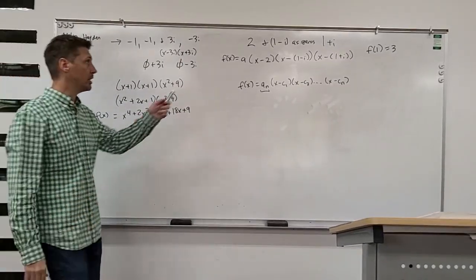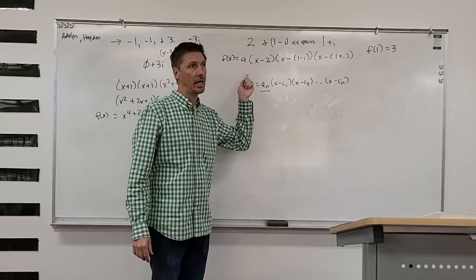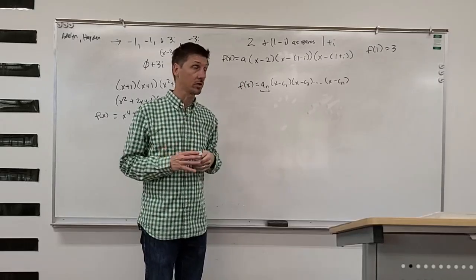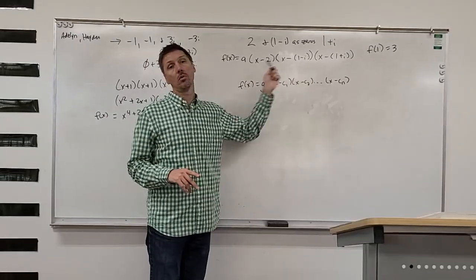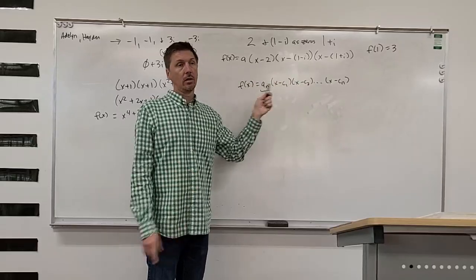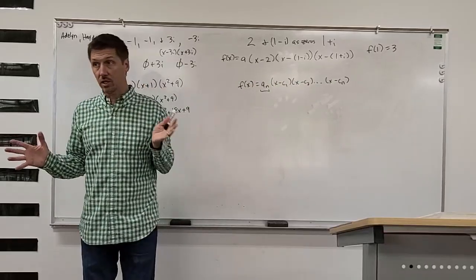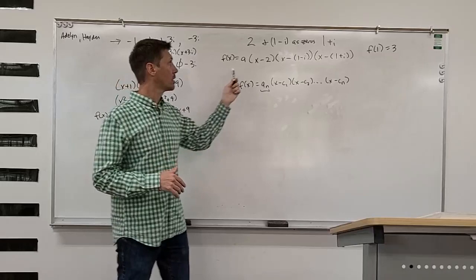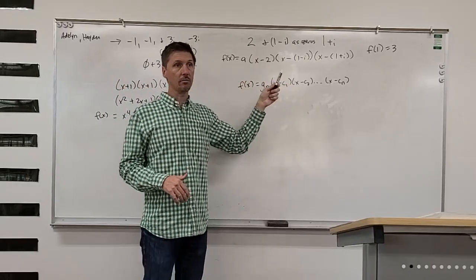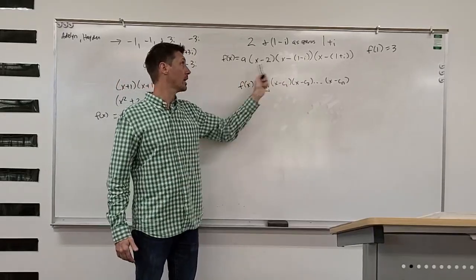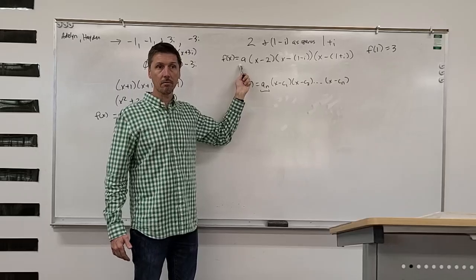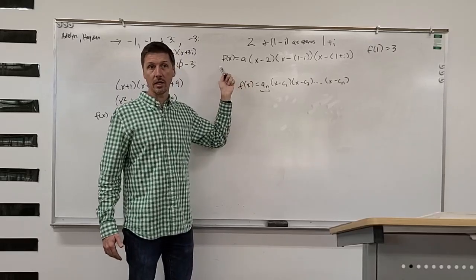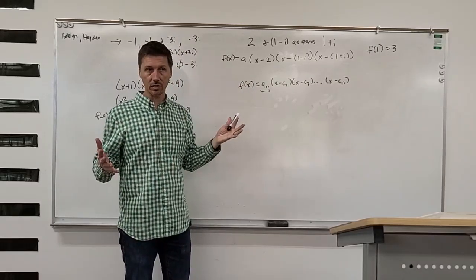The a, we can't just say the a is going to be 1 because that's the simplest version. The point is there are multiple functions that will satisfy. If we just said give me a cubic polynomial with these zeros, there are multiple functions that would satisfy that because we could always take whatever we get right here and multiply it by some value in the front, and it would still give us the same zeros.